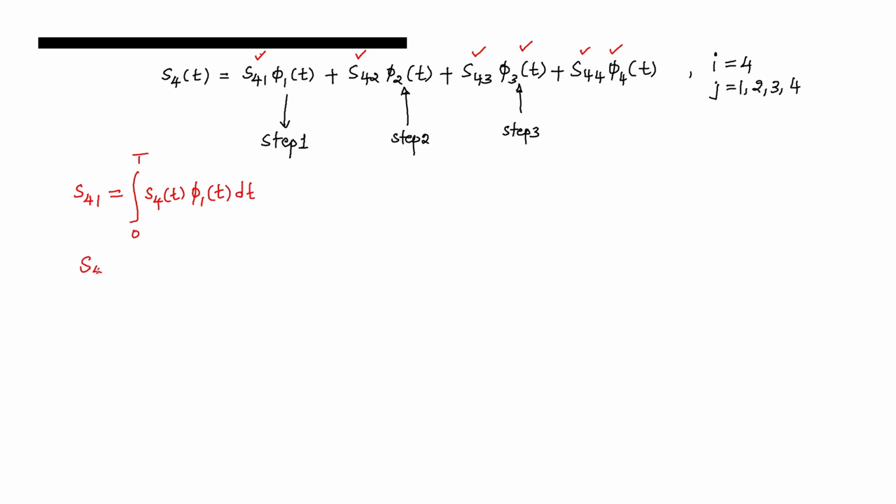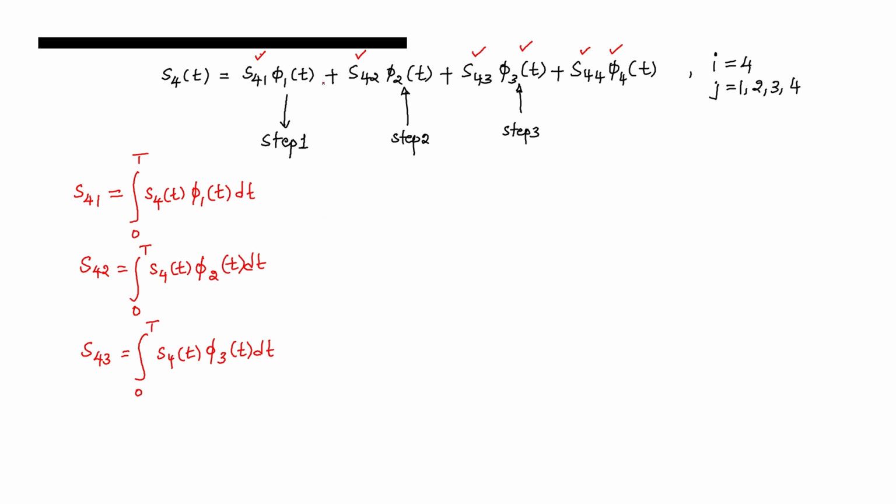Similarly, S42 is nothing but the fourth signal multiplied by the second orthonormal basis function and integrated over the T duration. Similarly, S43, the third real value, is given by integrating S4 of t with the third orthonormal basis function.